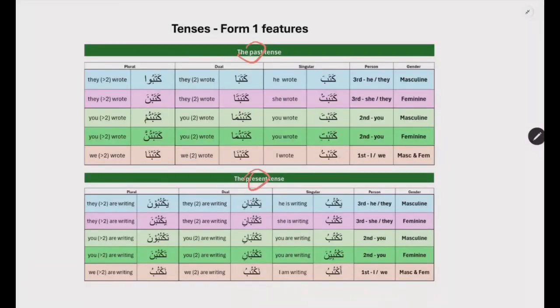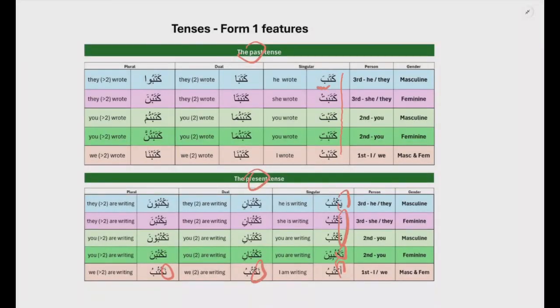we didn't have any prefixes. Nothing came before kataba in all of them, whereas in the present tense we have the alif, the noon, the ya, and the ta. It comes in as a prefix, and then as a suffix. If you look at the end part of the past tense, here is just the normal verb itself, kataba.